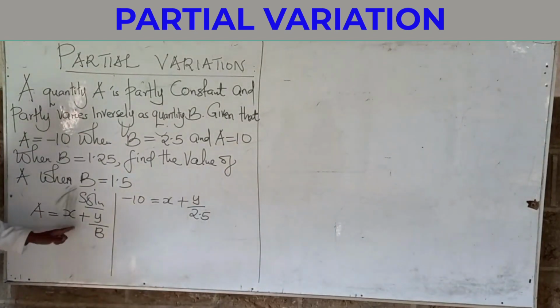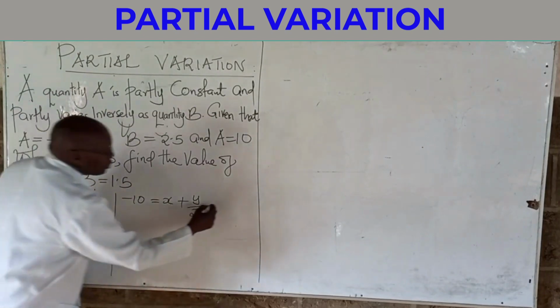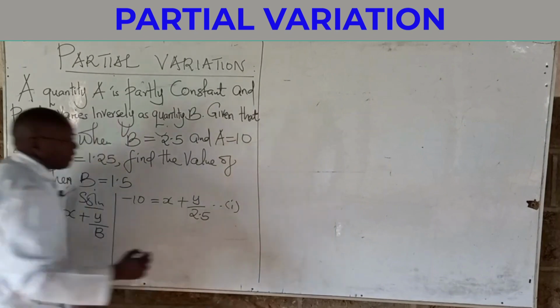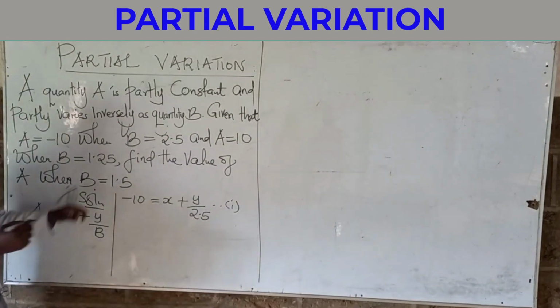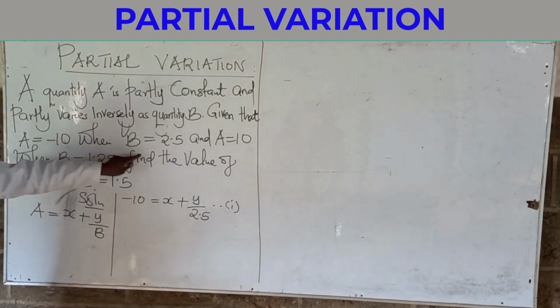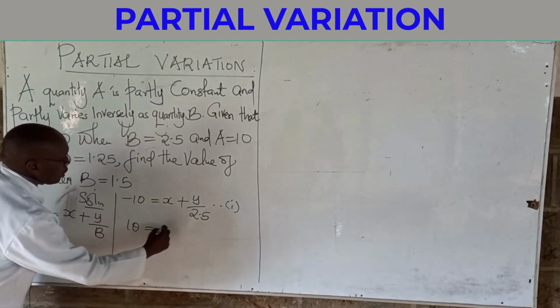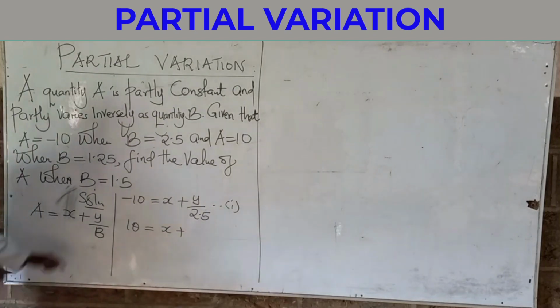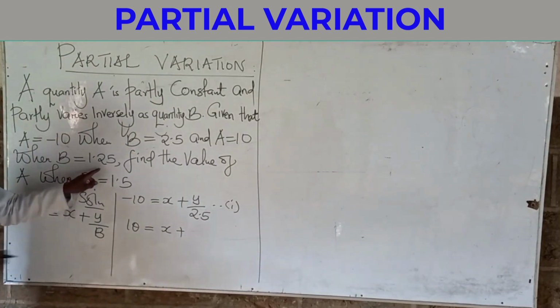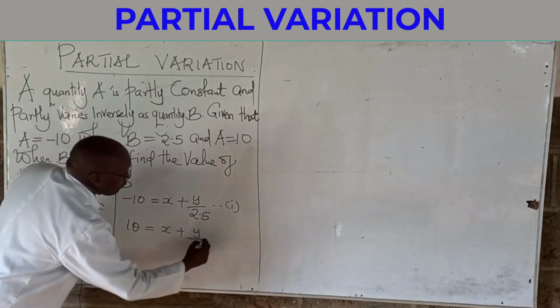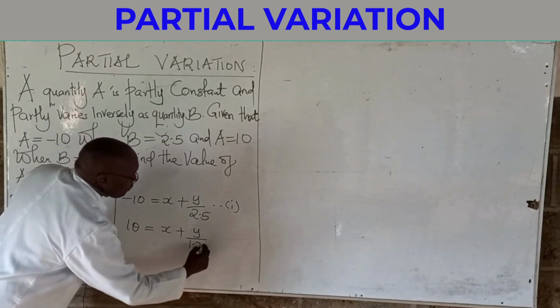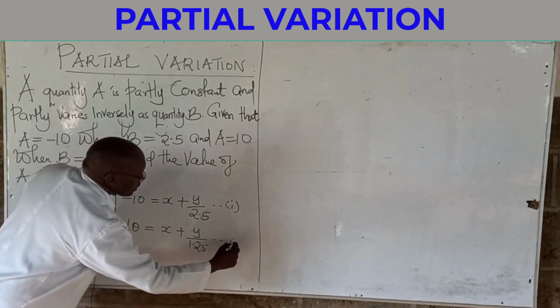So that is the first equation. The second, A is equal to 10, then X remains there, and when B is equal to 1.25, that will be Y divided by 1.25. That will give us the second equation.